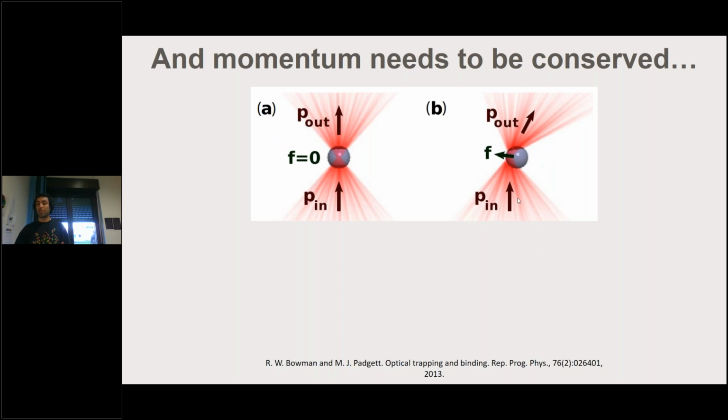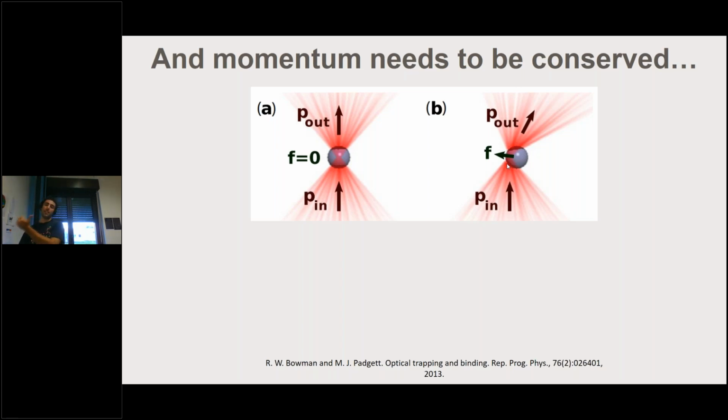But this was not in the initial configuration of the rays that were coming inside. By symmetry, in x, there was no momentum at all. And outside, after the particle, we have momentum. So in order to preserve momentum, we need the particle to have negative momentum in x, so we can keep the total momentum the same before and after reaching the particle.